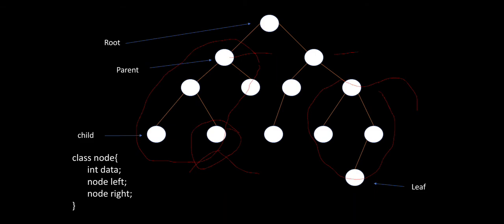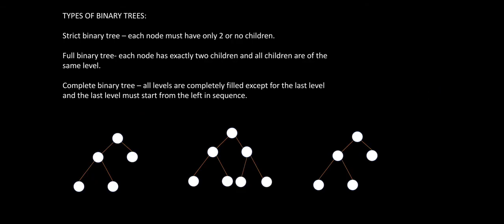Next is types of binary trees. We have a strict binary tree. Each node must have only two or no children. The full binary tree, each node has exactly two children and all are of the same level.